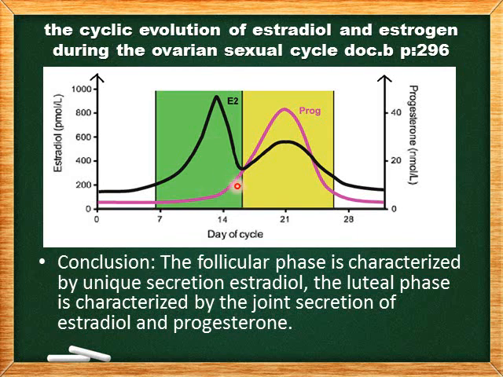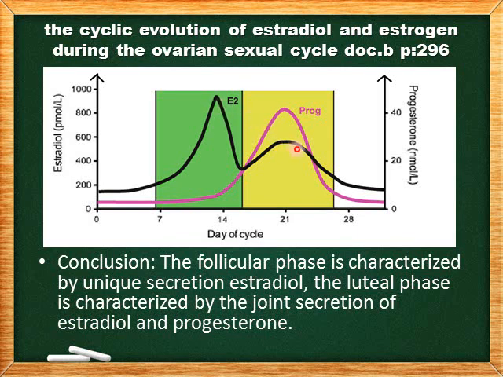So, at the day of ovulation, as you see, the estradiol concentration decreases, and after the day of ovulation, the progesterone increases, and the estradiol also re-increases to form its second peak, which is less than the first.